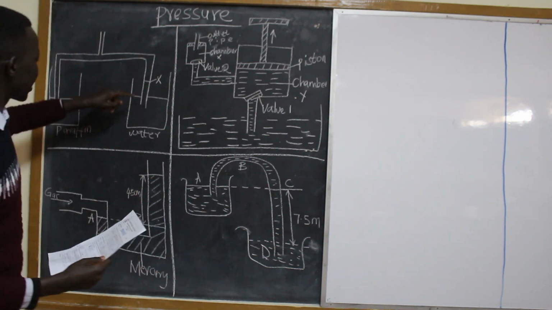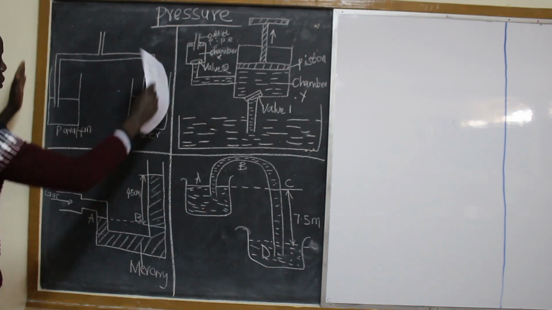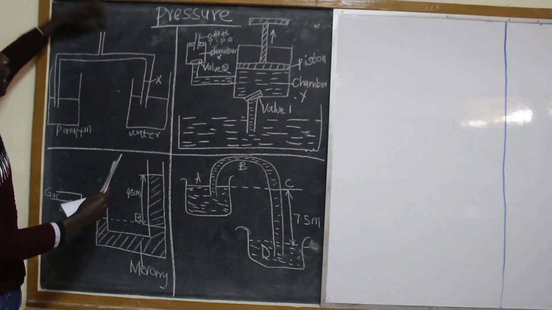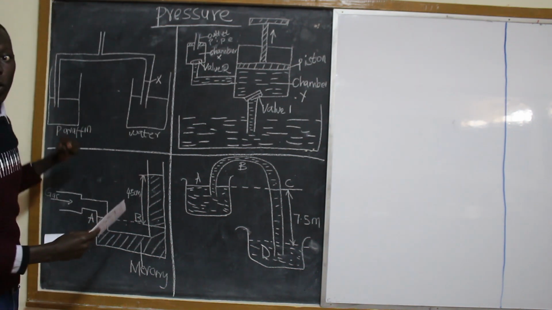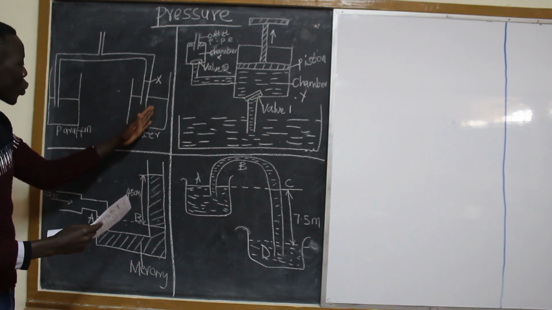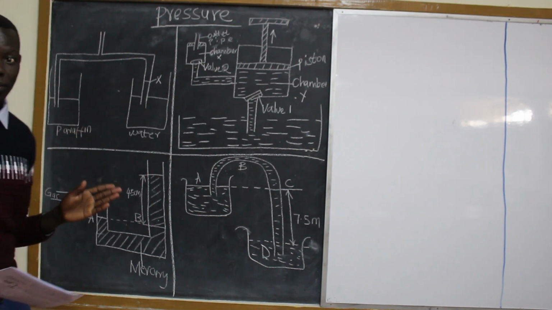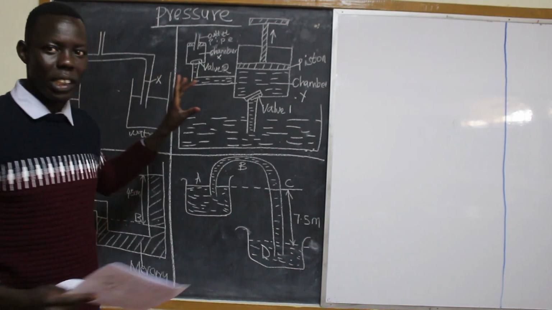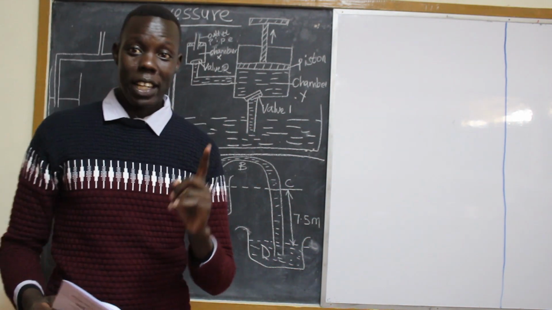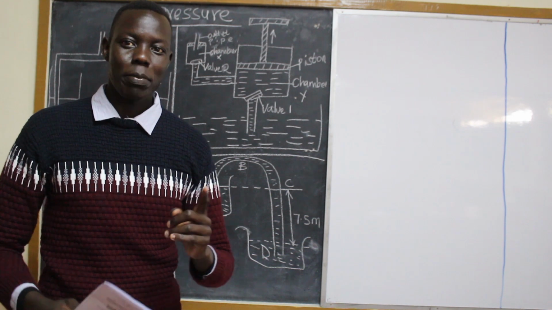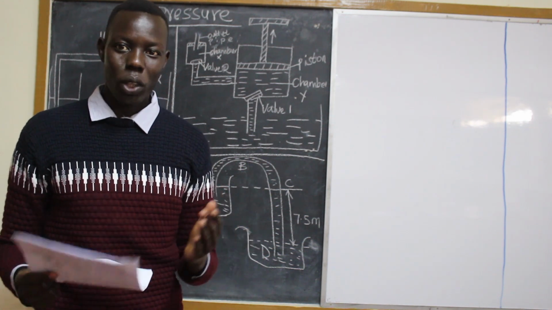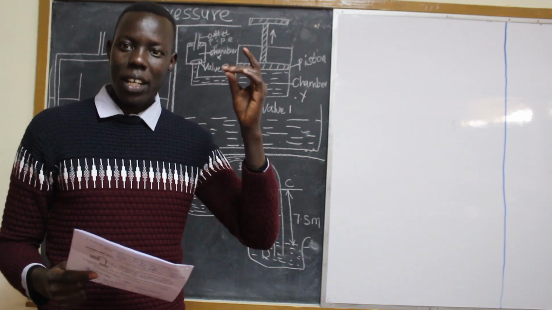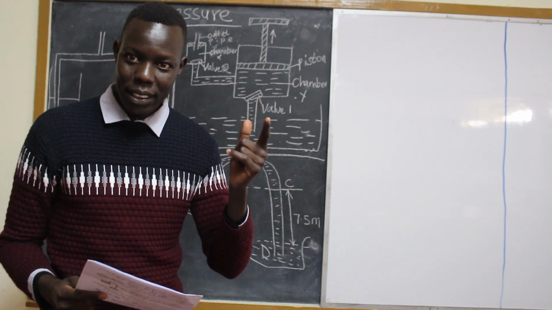If this is the level of water, this is what was used to pump air. Meaning the pressure applied to both water and paraffin is the same, but the levels will be different. What brings about the difference in levels? It is because paraffin and water are of different densities.